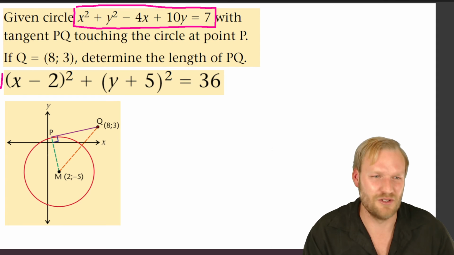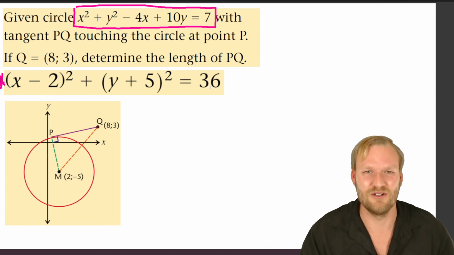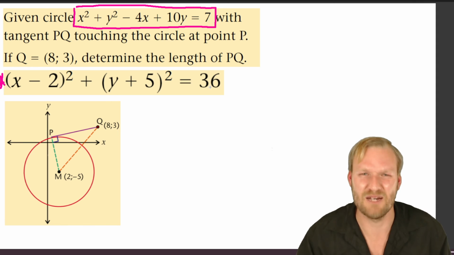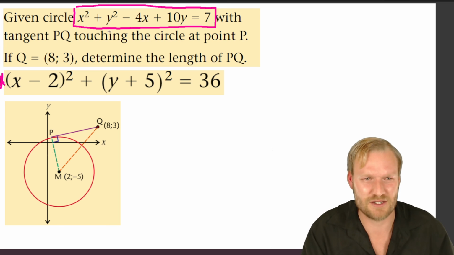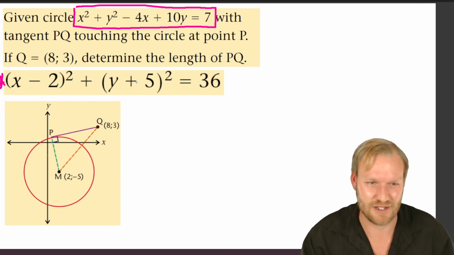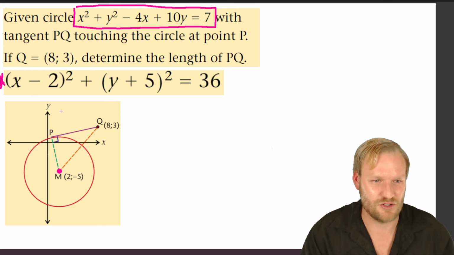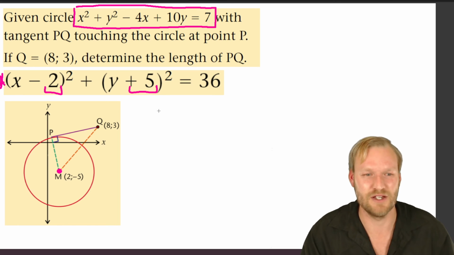I've given it to you in this nice center-radius form because you've got enough time to practice that. I don't want to spend lots of time in the video doing another one where you complete the square. We've practiced that, but it might not be given in nice center-radius form, though it has been here. So we've got our center M at 2, because we could read that off there, and -5, because we could read that off there.